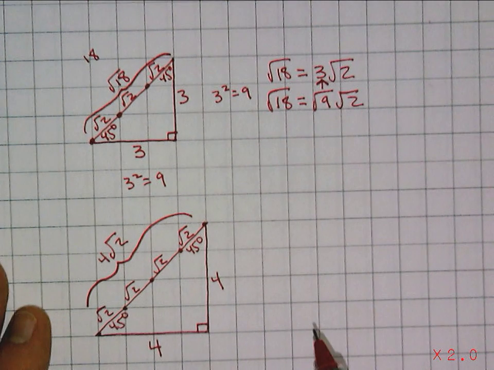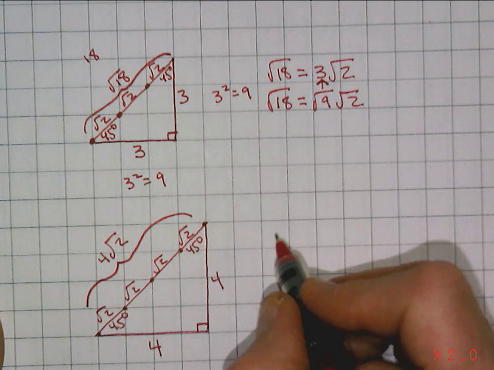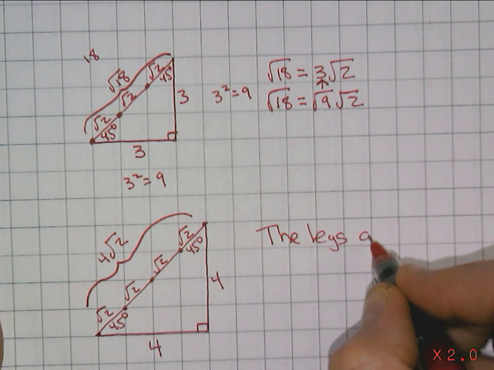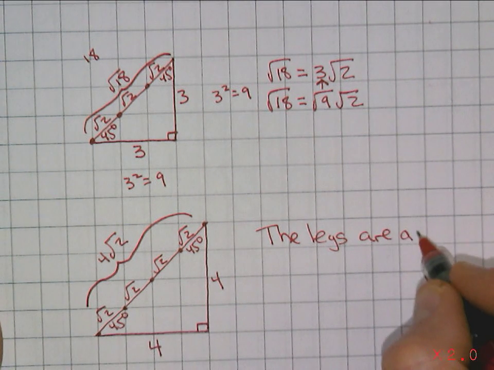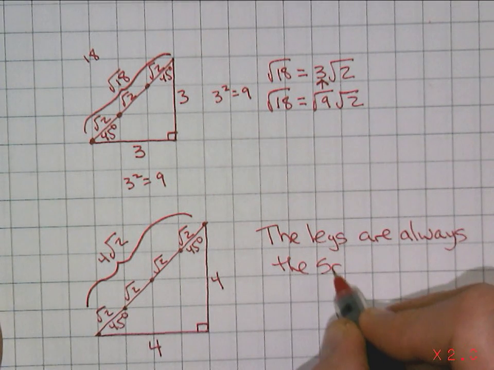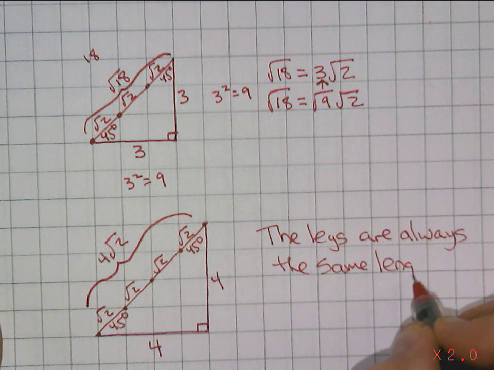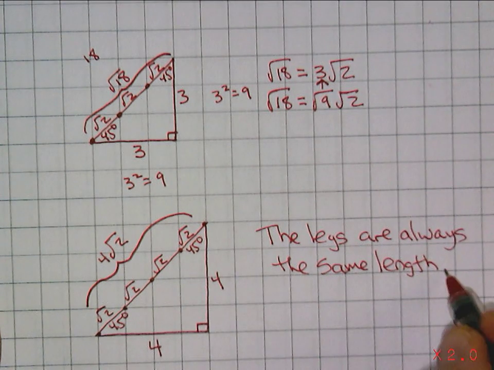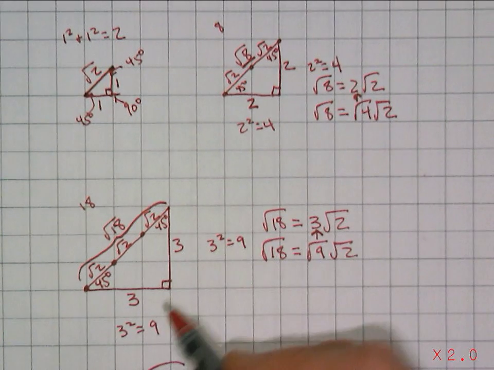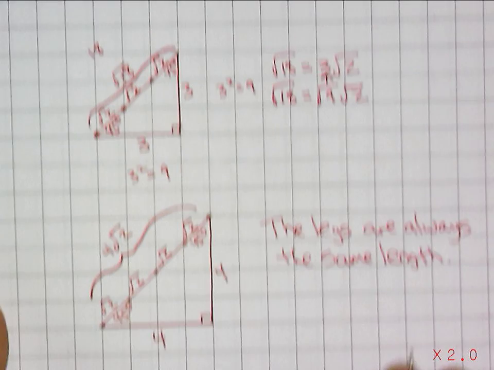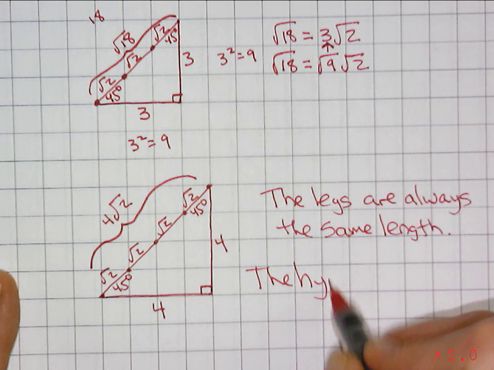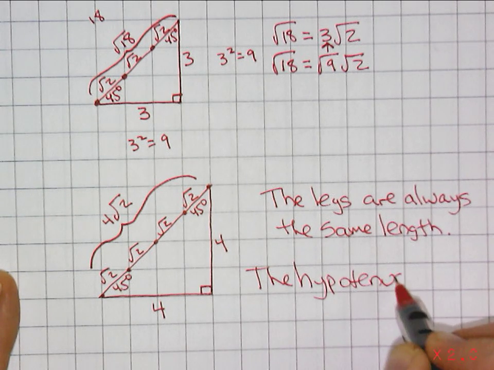And so the idea here is, if we were to summarize, the legs of these are always the same length. If I look at the legs of a 45, 45, 90 triangle, they're always equal to each other. 4, 4, 3, 3, 2, 2, 1, 1. The legs are always the same. The hypotenuse, which is the long side of a right triangle, it's across from the right angle.